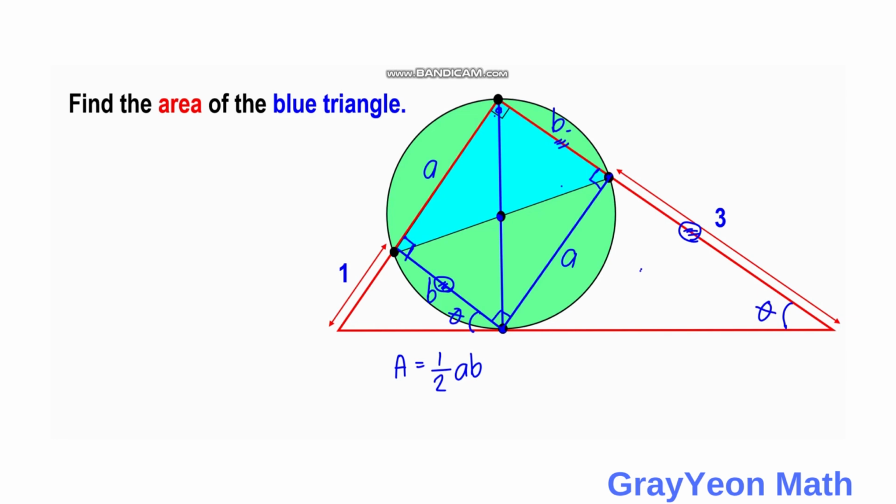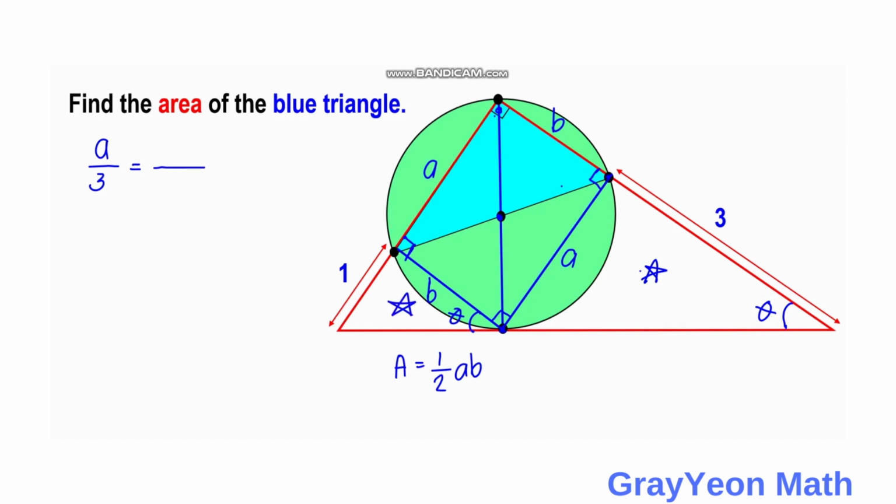So we need to compare this and this to get a relationship between A and B. For the larger triangle, with reference to theta, the opposite is A over the adjacent, which is 3, is equal to a ratio of the triangle that should have the same angle theta.